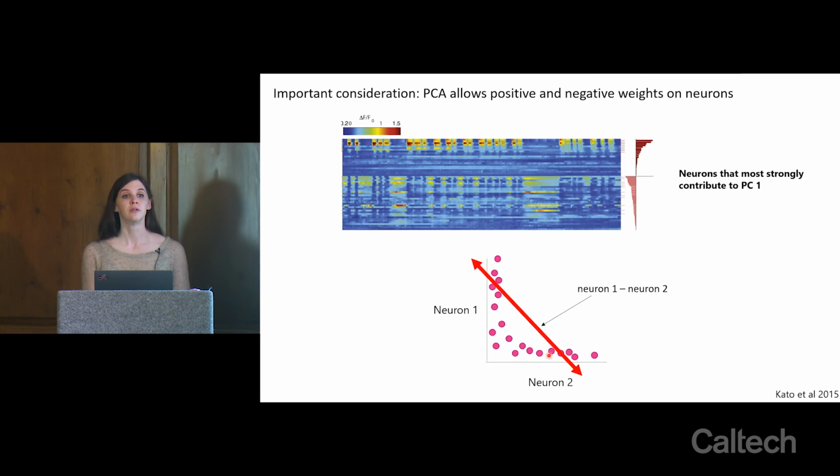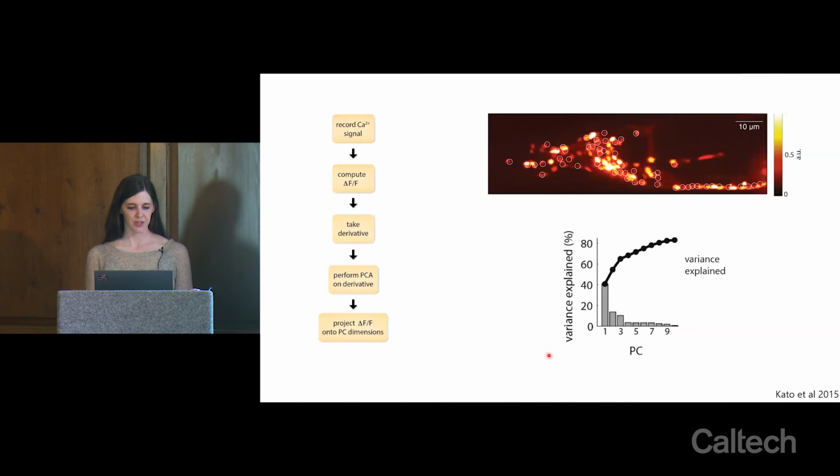Yeah? Do you have a cutoff if one of the components doesn't seem to be explaining much? Yeah, so there's a couple ways you can do that. One is just to look at variance explained and look for this elbow where adding in additional components isn't capturing very much.